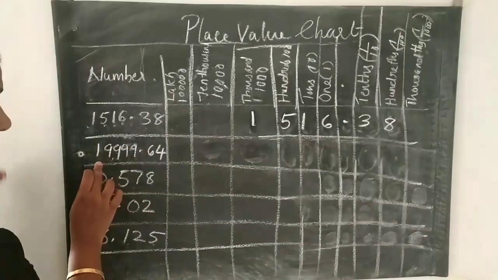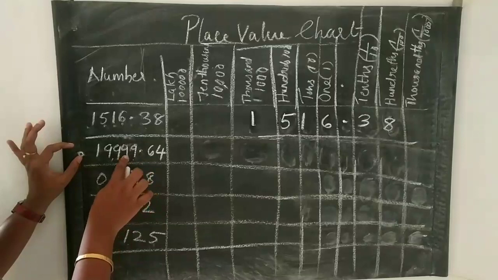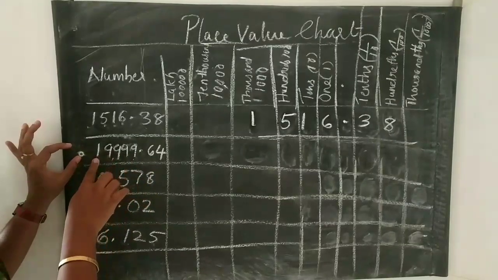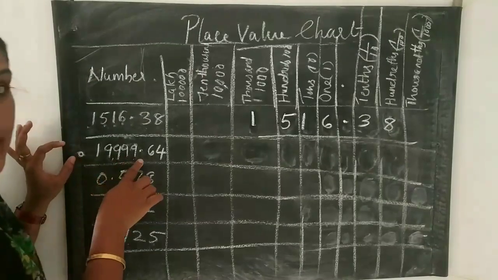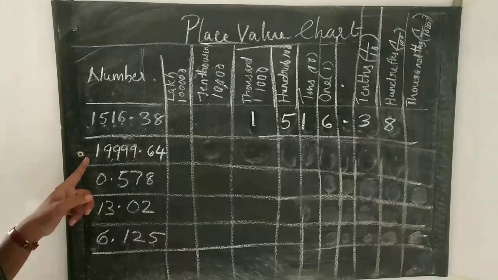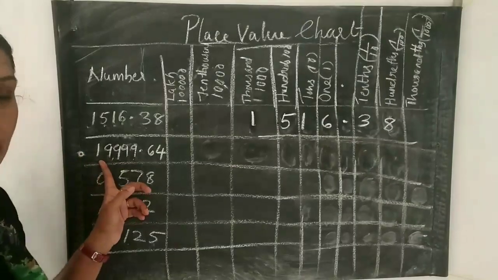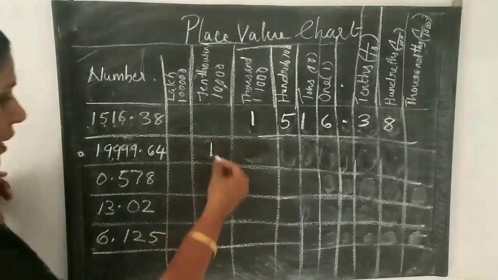Now the second question is how to write this number. Ones, tens, hundreds, thousand, 10,000. The number is 19,999.64. First we need 10,000, so here we write 1.